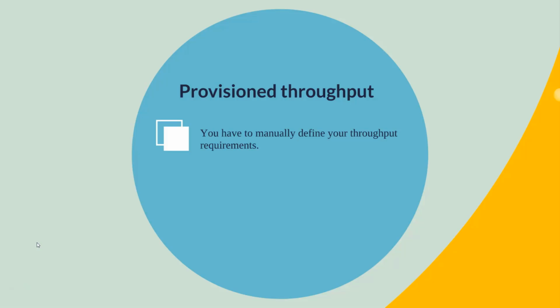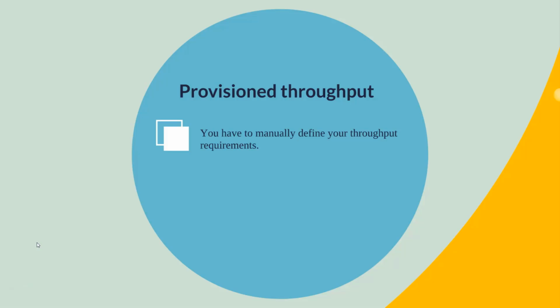For example, we have item size 3 KB. So 3 KB divided by 4 KB is equal to 0.75 or 1 read capacity unit. So for this scenario, you have to set the table's provisioned read throughput to 80 read capacity units. So 1 read capacity unit per item into 80, that is 80 read capacity units.